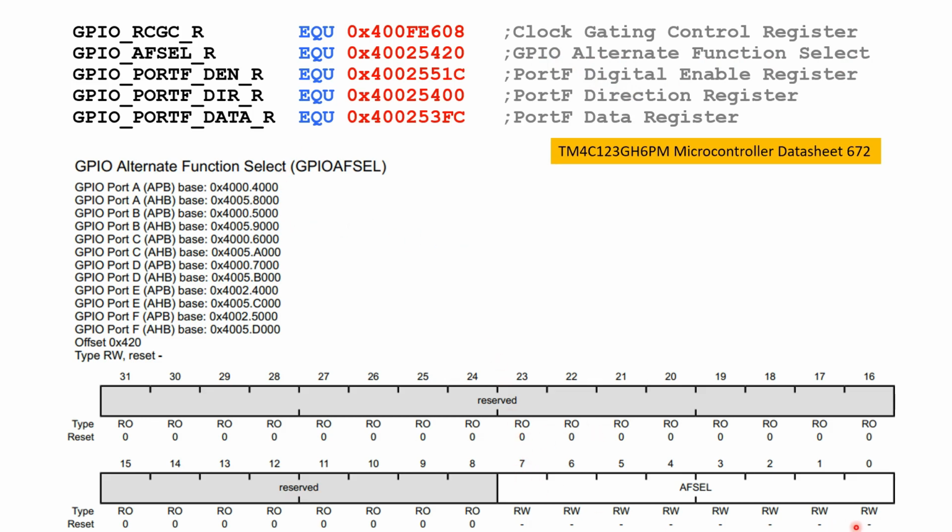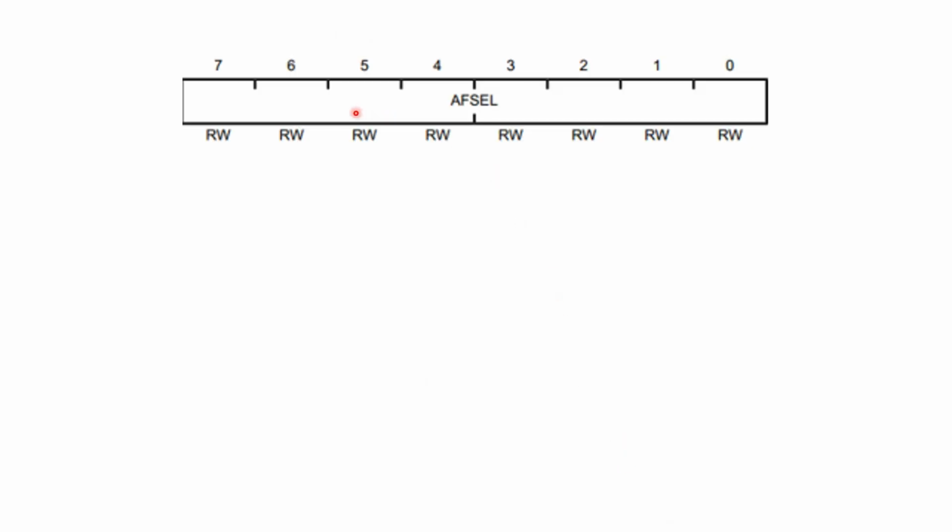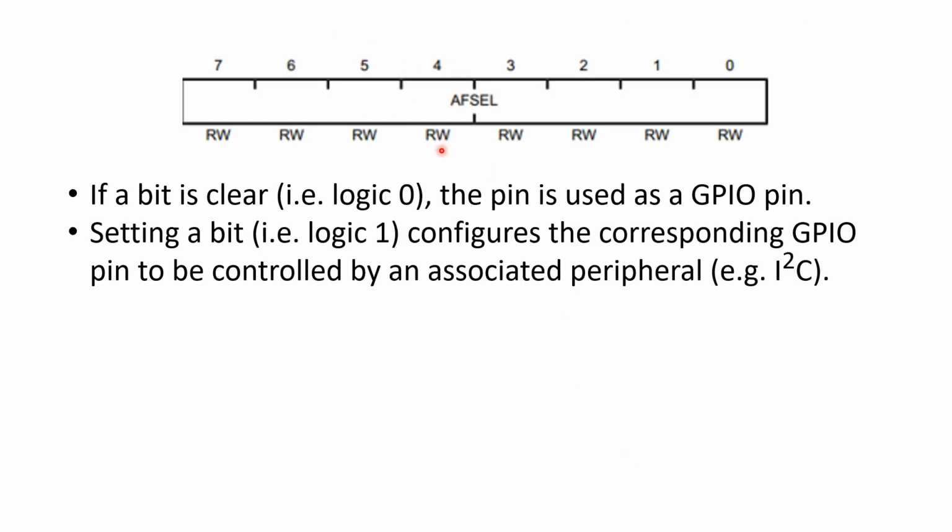Okay, so let's zoom in here and extract it here. So if the bit is clear, that means set to 0, that pin will be used as a GPIO pin.